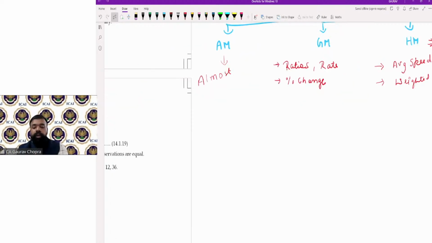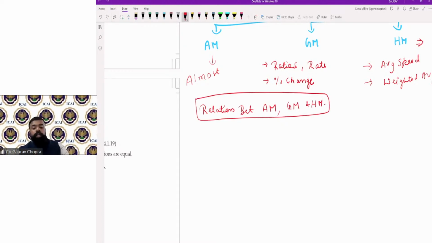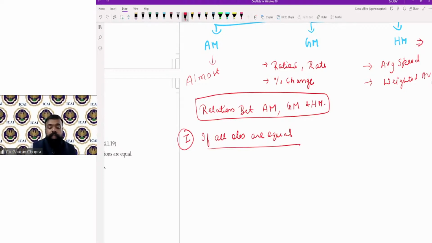Now, let's find the relationship between these three. The relation between AM, GM, and HM. What are the relations? The first condition: if all observations are equal, अगर सारे observations same हैं, then we can say that arithmetic mean is equal to geometric mean is equal to harmonic mean. तो फिर तीनों की values क्या हो जाएगी?